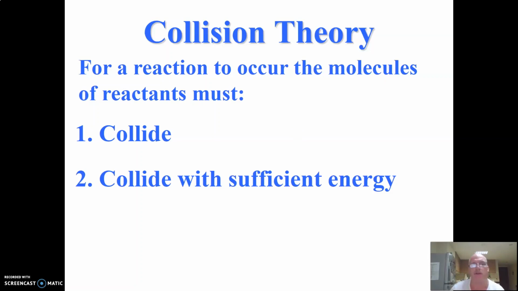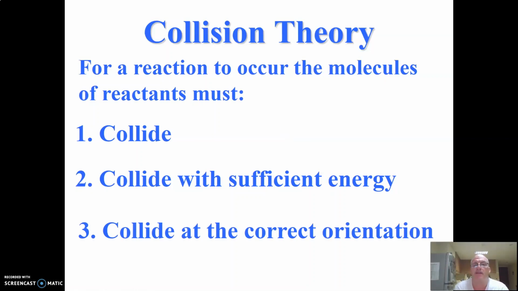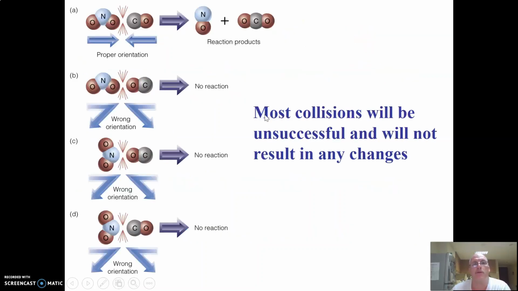It's actually called activation energy, and that's needed to break the bonds. And the third one, which we don't mention much in the lower school, the younger years when you're taught this, is they must collide at the right orientation, the right angle. It's not always successful, okay? So here we have examples of the correct orientation, the carbon atom must face the oxygen, you get the products, and all of these are wrong for different reasons, so there's no reaction.